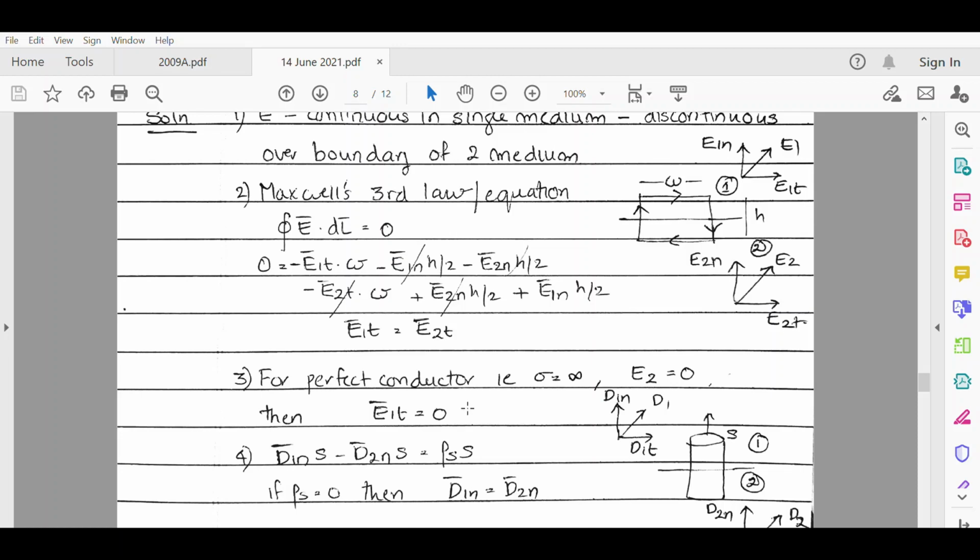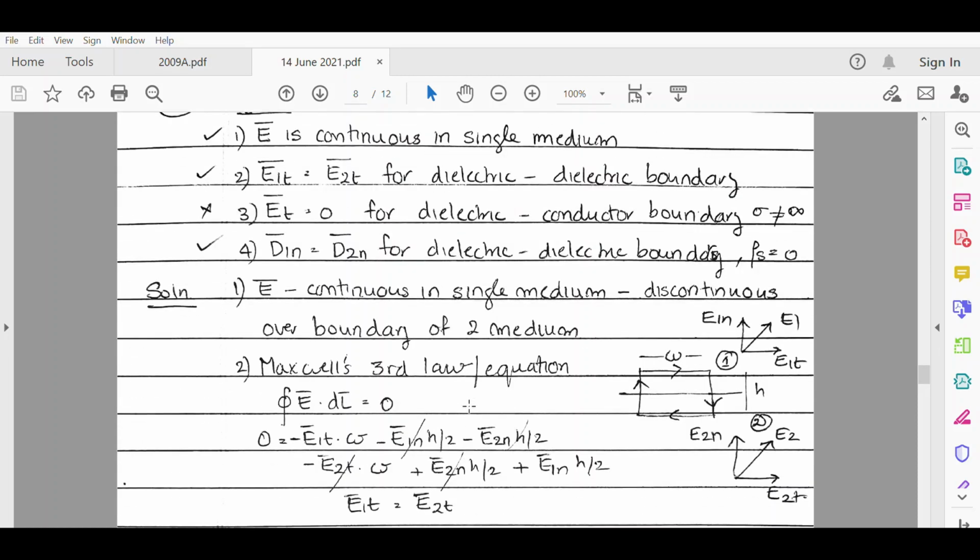This is only applicable when the conductivity is equal to infinity. When it is not infinity, which is the case of an imperfect conductor, this statement would not be applicable. So this statement is not correct.